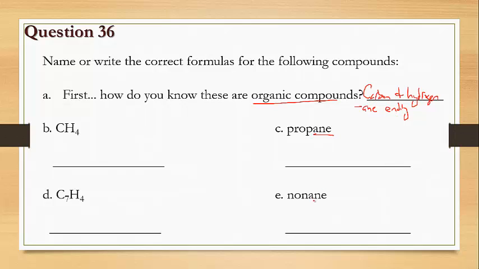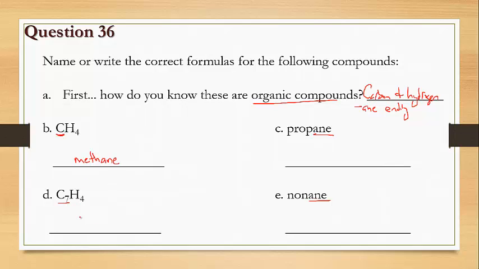So if you see that, then you know that we're dealing with organic compounds. When we're naming them, what we're focused in on is just the number of carbons. We don't really care about the number of hydrogens. So when I see 1 carbon, we write the prefix meth to that, and then all of these hydrocarbons are going to end in ANE.